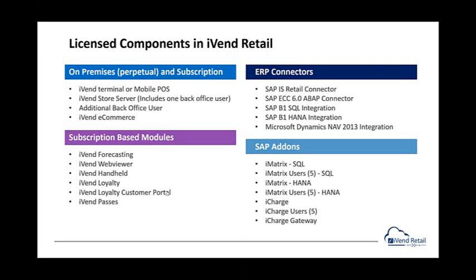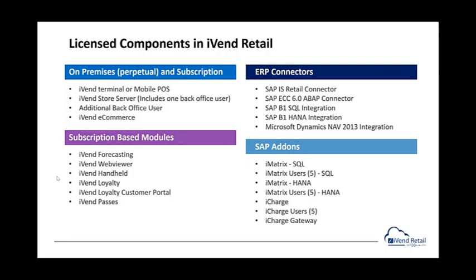The pure subscription-based modules are iVend Forecasting, applicable only in the case of an unplugged version of iVend; iVend Web Viewers, which are essentially licenses that allow retailers to view the dashboards on a mobile handheld device; iVend Handheld, which is essentially an RF-based device, which is used predominantly for warehousing function, receiving of goods, counting of goods, etc.; iVend Loyalty Customer Portal, and iVend Parcel.